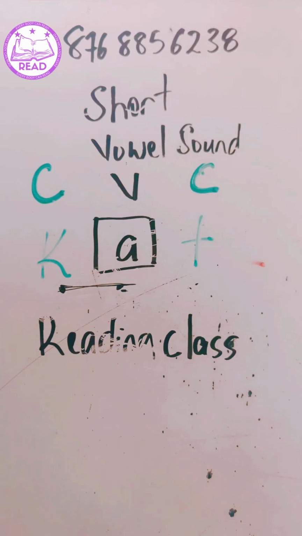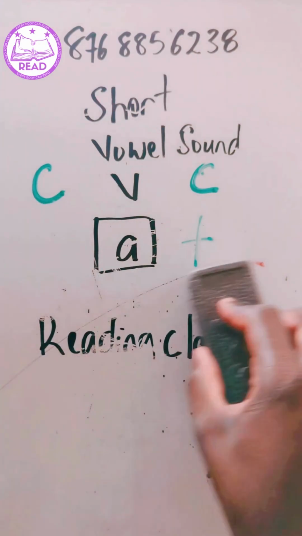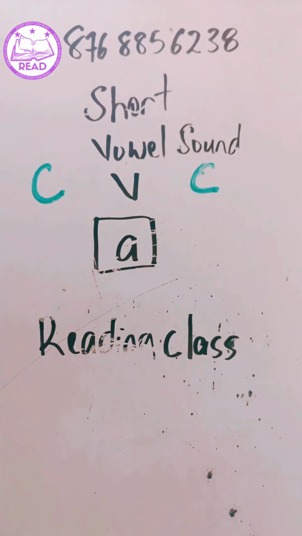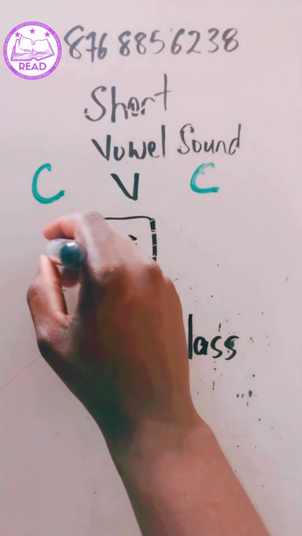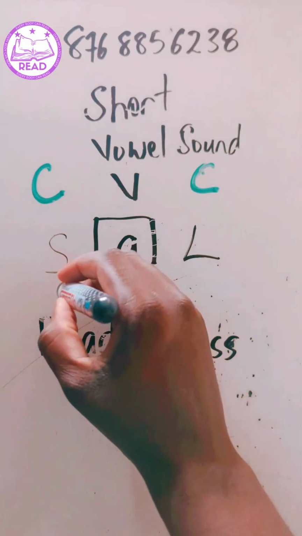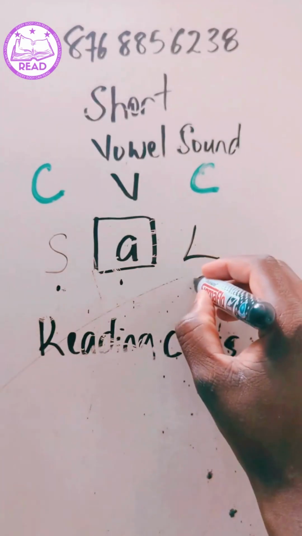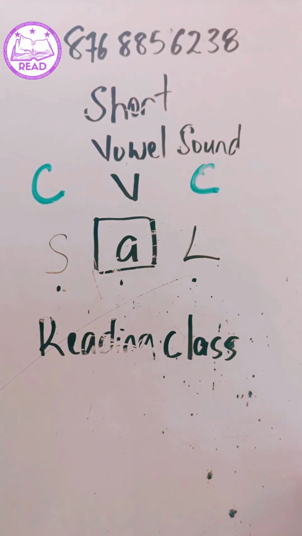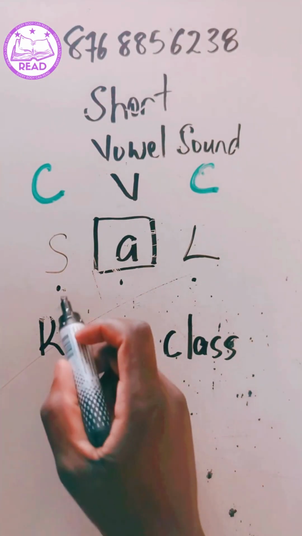With this pattern and principle, we can read any word in any language. And if you don't believe me, I leave you with this. This word is a Spanish word. It means salt. If you read it just like how you read in English, it is the same thing.